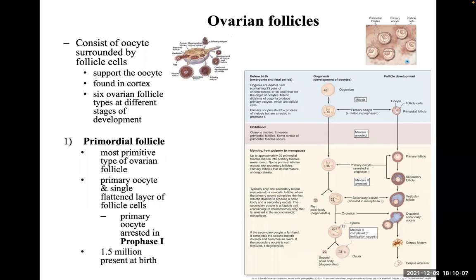Okay, so what we'll do now, this is a diagram or an illustration from your textbook, and I really like it because it breaks up the stages of life and helps you think about what's happening with both the egg and also with the follicle, right?